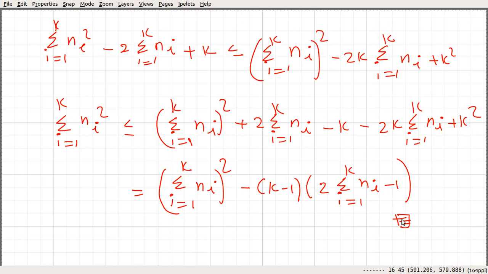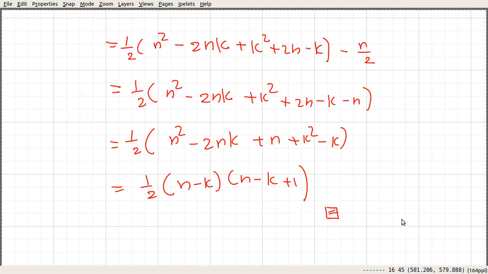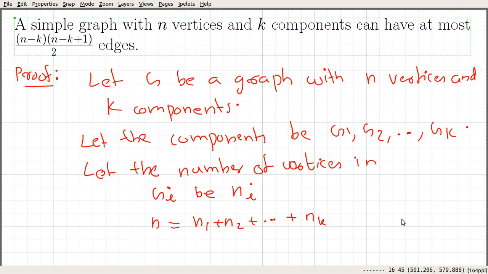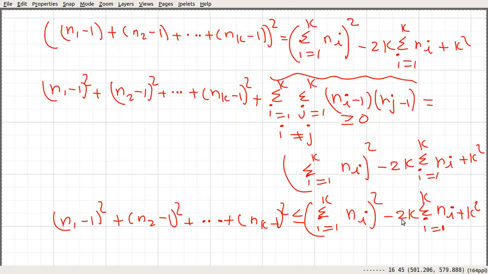So let's look into a corollary for this statement. A simple graph with n vertices and k components can have at most (n minus k)(n minus k plus 1)/2 edges.